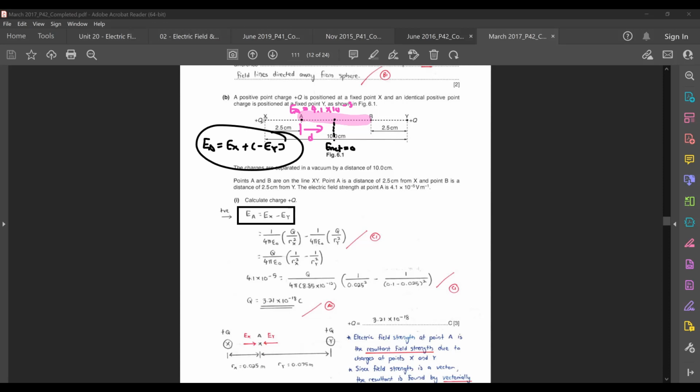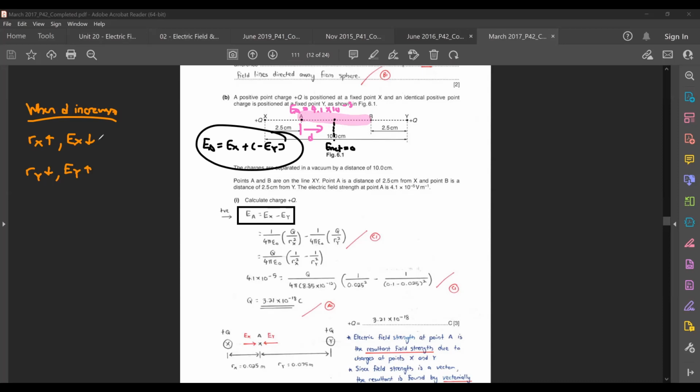Yeah. So you can imagine what happens when your D increases. When D increases, let's consider what happens to the field strengths due to X and Y. Rx would be increasing such that the field strength due to X decreases, while at the same time, Ry would be decreasing such that the field strength due to Y increases.